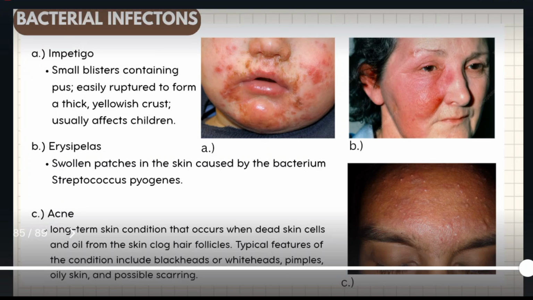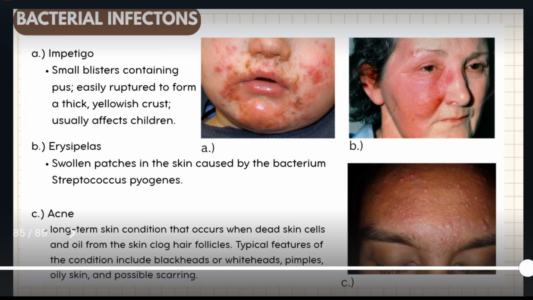They get it through direct contact, especially when children scratch, or through insect bites, eczema, or wounds. It is also very common among kids in schools or daycare because if one child has it and scratches the rash, it can easily spread to others, especially if they share toys, towels, or don't wash hands often.